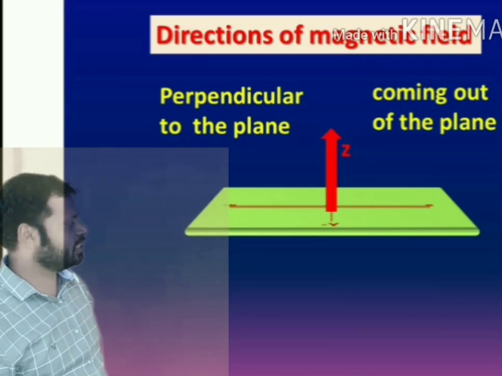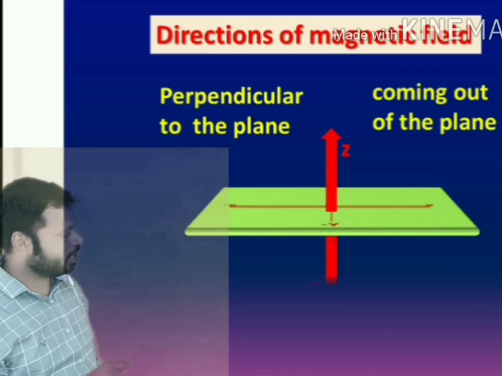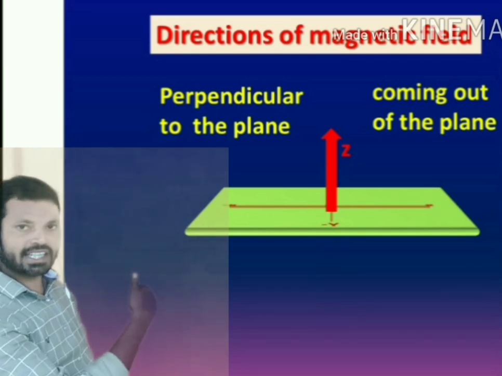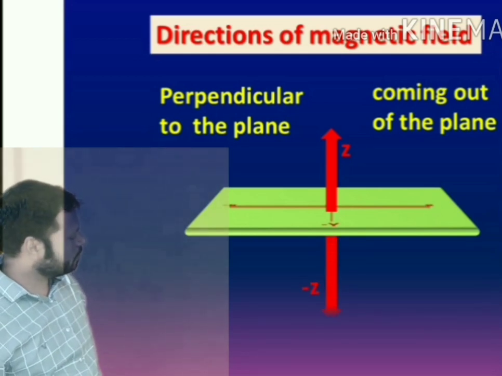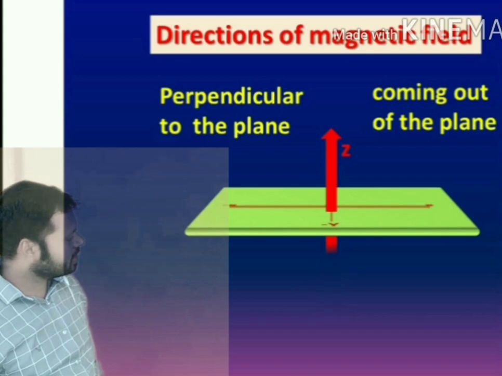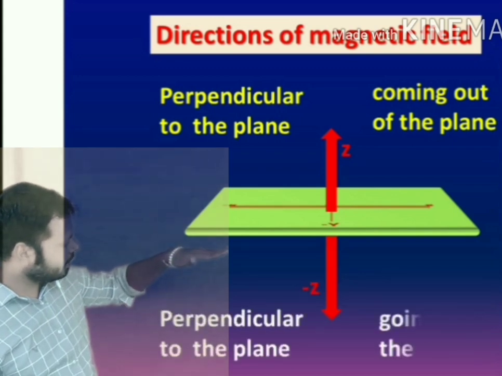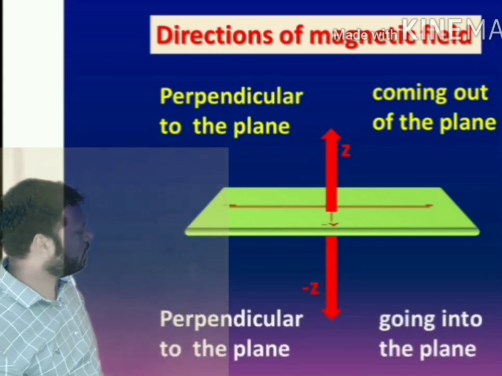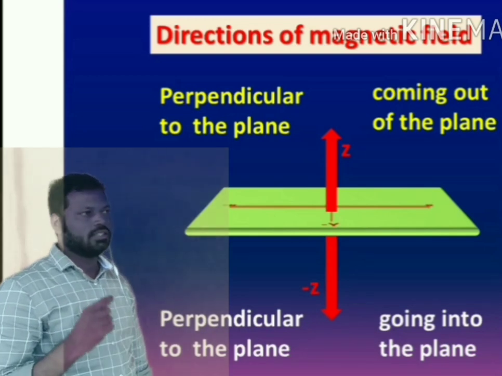Before, negative z direction is perpendicular to the plane and it is moving into the plane. But now my negative z direction is perpendicular to the plane and it is going downward like this.